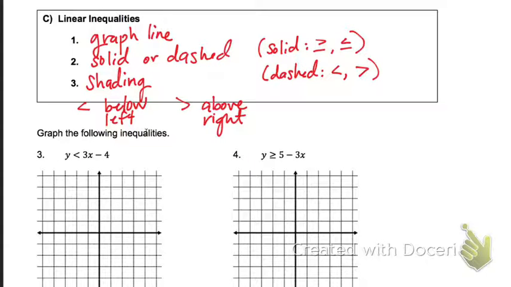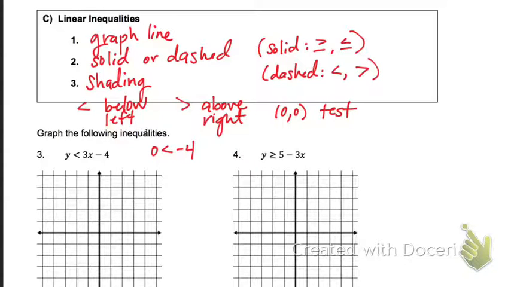If you're unsure completely, like you just don't know at all, a way that you can test it is by plugging in 0, 0. So if I plug in 0, 0 into the original equation, like even on number 3, before I even do anything, I get 0 is less than negative 4.